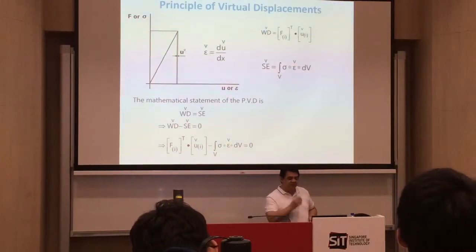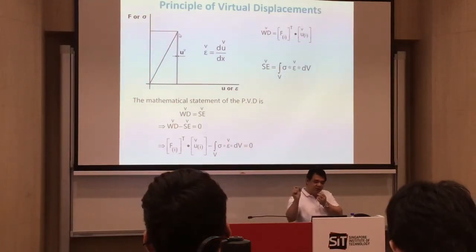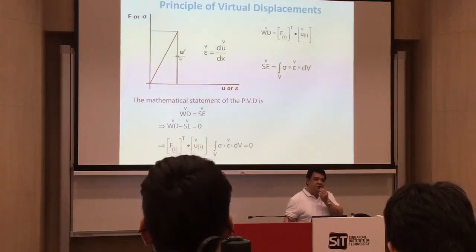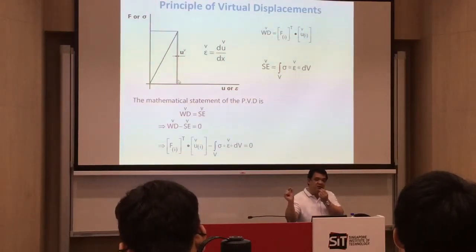Virtual displacement. This virtual displacement is, we assume that we have a force, just apply a bit of force, so we will have a very small virtual strain. This one is a very tiny strip, rectangular in shape, but very thin.